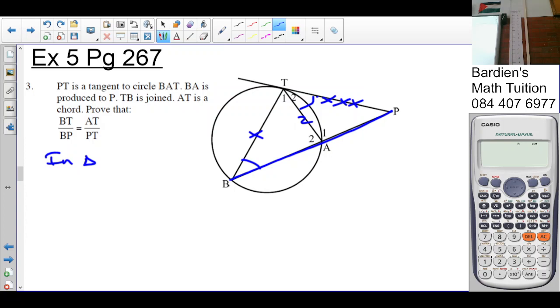In triangle TPB, and triangle TAPB. If you go here, that is the one triangle. You agree with it? So I picked up that side, I picked up this side, and I picked up this side.